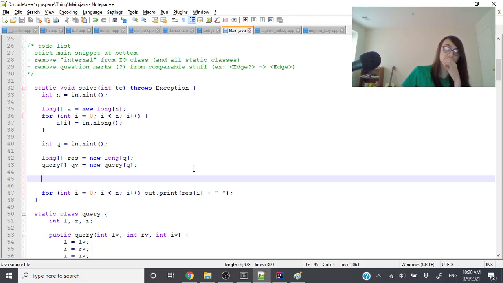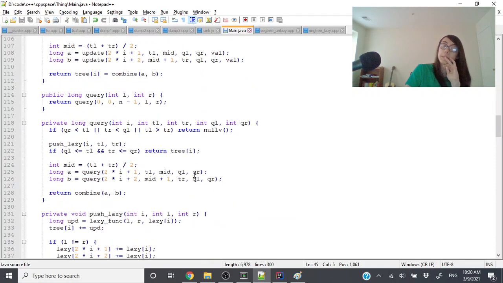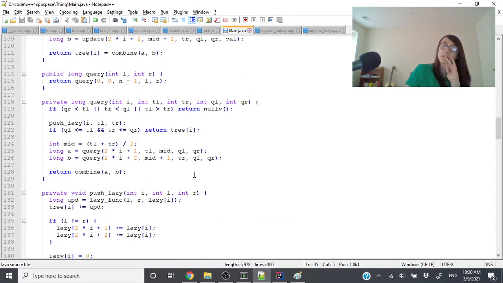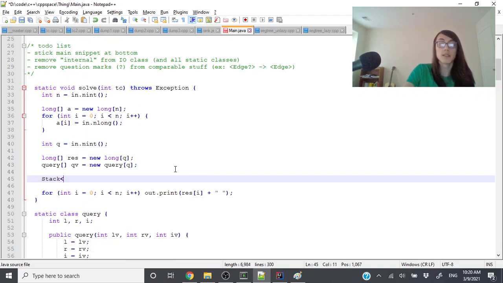So we're going to maintain a stack of indices is the idea. Yeah, alright. Stack integer.